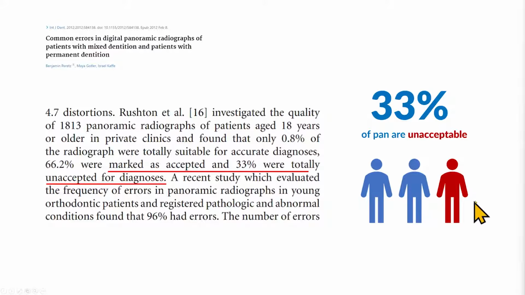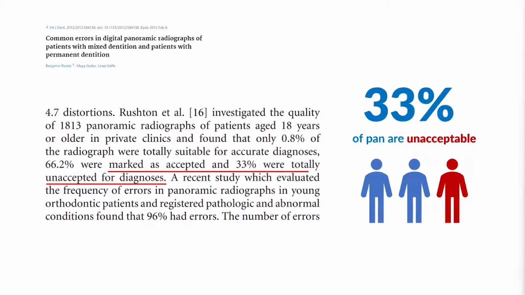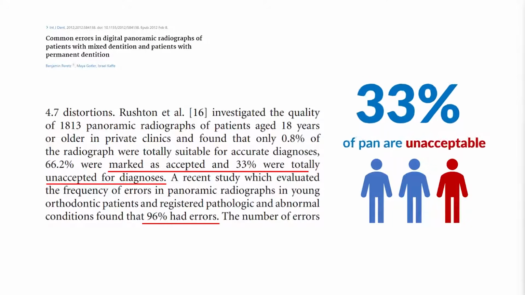This means 1 out of 3, 33%, were unaccepted. That means 1 out of 3 panoramic radiographs are so bad that the image should not be used for diagnosis. Another study had shown that 96% of the panoramic radiographs had errors. This means only 4% of the panoramic radiographs are without any errors in that study.